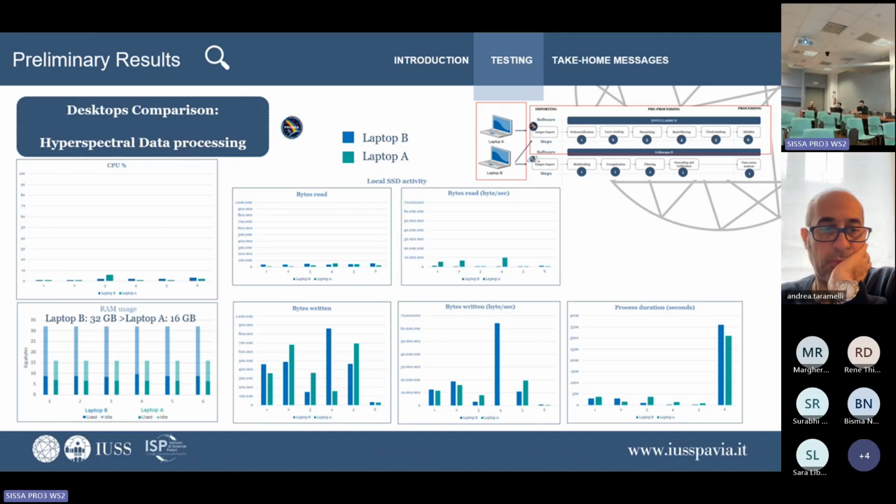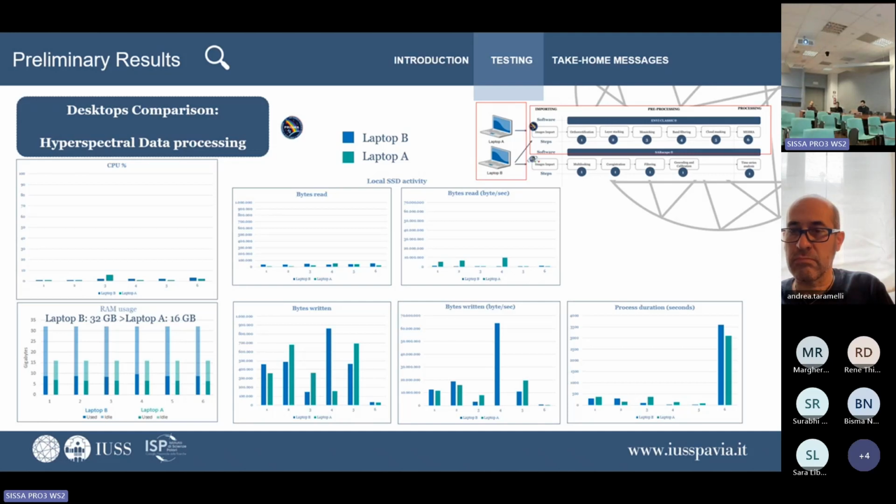We also have low values for bytes read, which can be explained by the fact that we processed just 2 images of hyperspectral data. But we have a high value for bytes written, and this is due to the fact that in each processing step there is the generation of several temporary files and intermediate products.